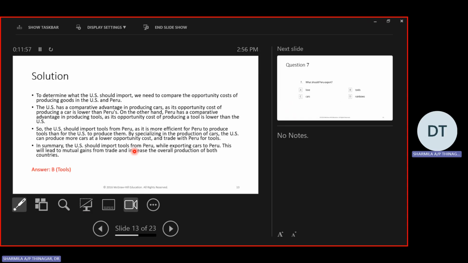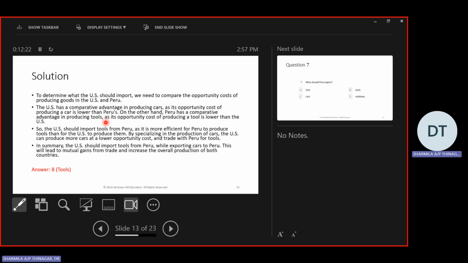Okay, so first of all, you have to determine what the US should import, right? To know this, you have to compare the opportunity costs, right? So US has the comparative advantage in producing the cars, right? On the other hand, Peru has the comparative advantage in terms of tools, right?